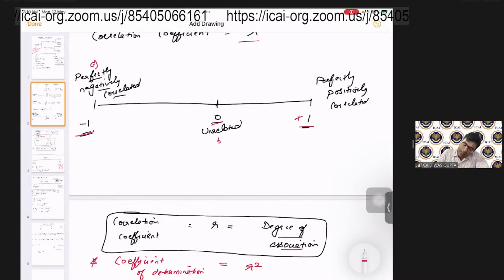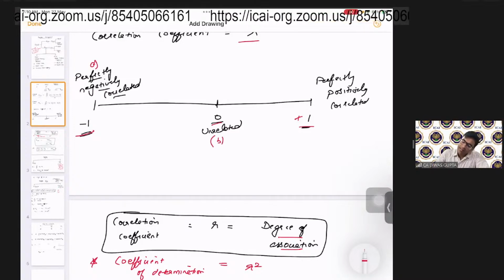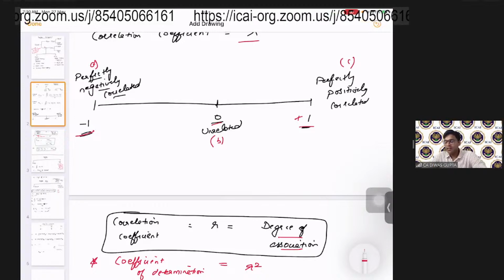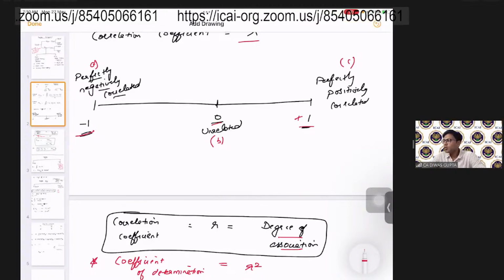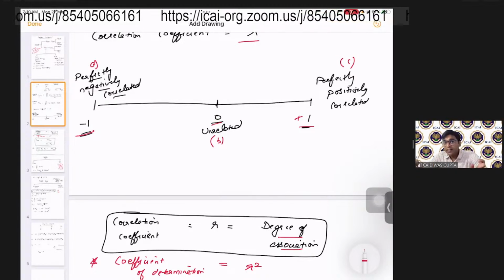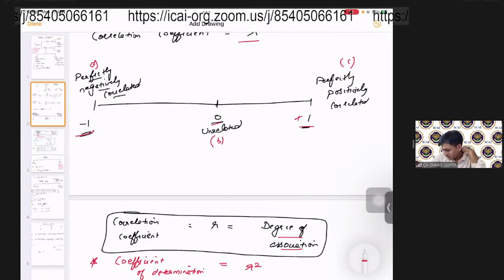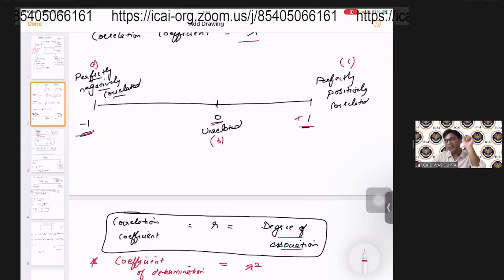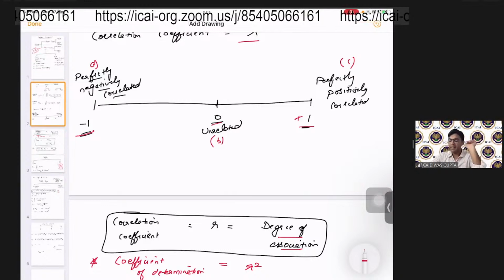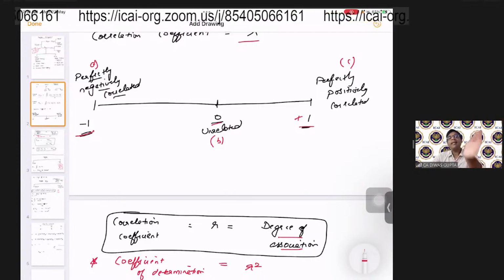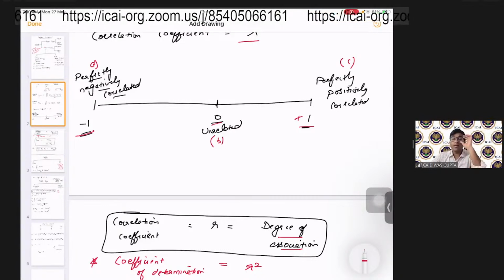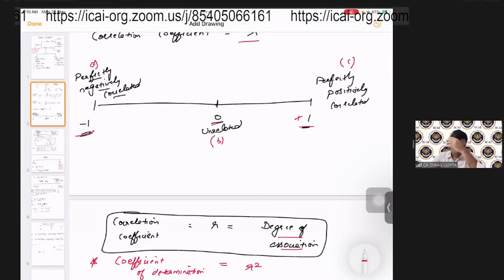We call it as unrelated. And when R is equal to positive 1, we call it as perfectly positively correlated. So it's a perfect relation because extent is similar, plus 1, and positive is because it is positive in the similar direction. Perfectly negatively correlated is because it is minus 1, students.